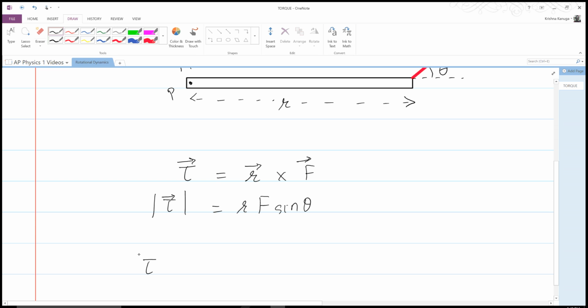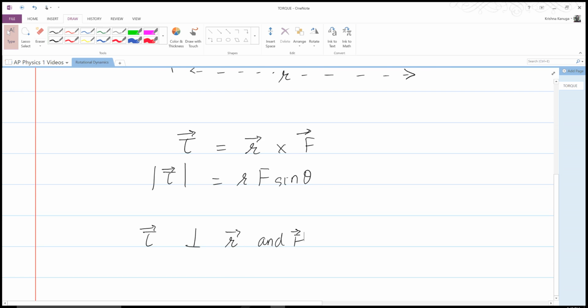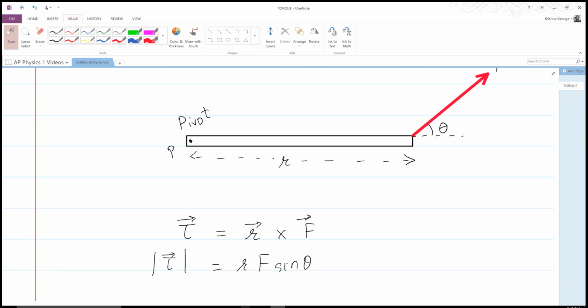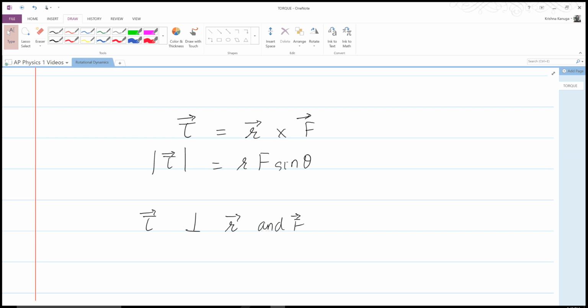What we know is that torque, first of all, is always perpendicular to both R and F. So it is always perpendicular to the plane formed by R and F. The way you get the direction is by using the right hand rule, which says that if you were to rotate the vector R, let's say R in this case is pointing here and F is pointing here, if you were to rotate R into F, then the torque would be pointing out of the plane of this paper. So it would be pointing out.